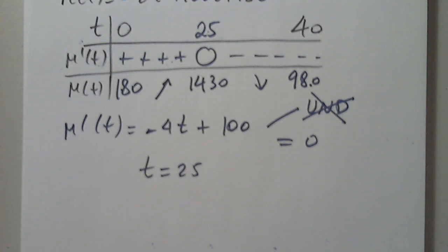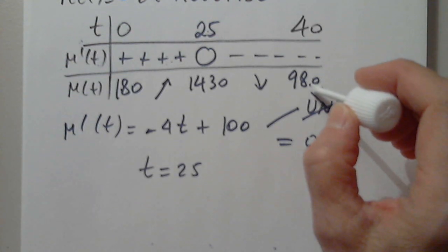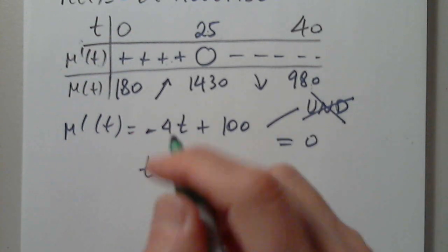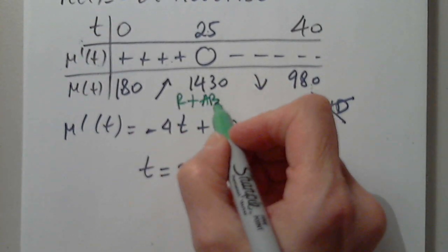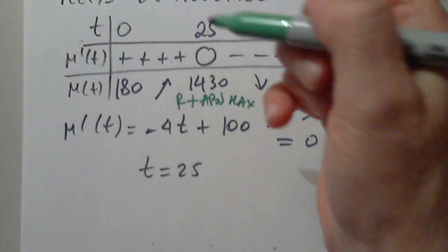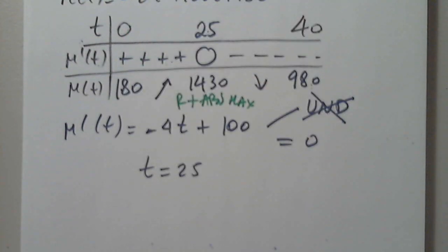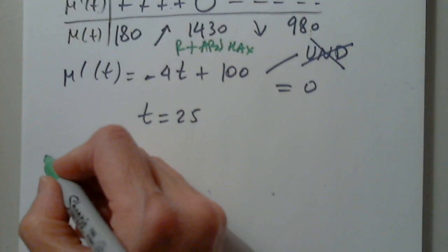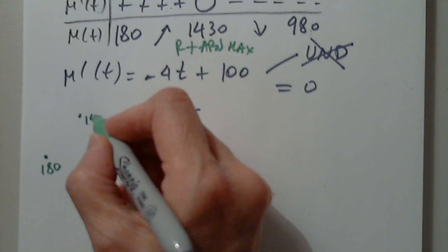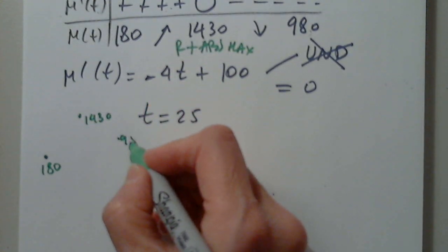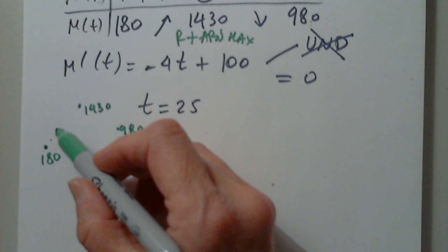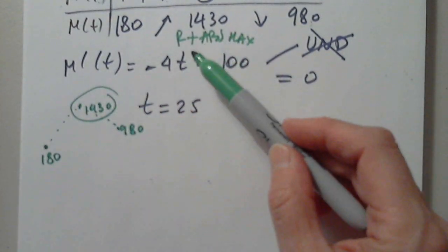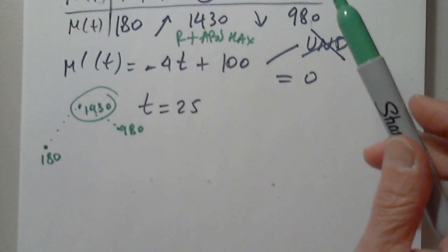Okay, so this is definitely the relative max as well as the absolute max. No question about it. So relative plus absolute max. But I also would like to identify 0, 180 and 40, 980. So remember the numbers are something like this: 180 up to 1430 and down to 980. I'm not graphing the function, I'm giving you the idea.